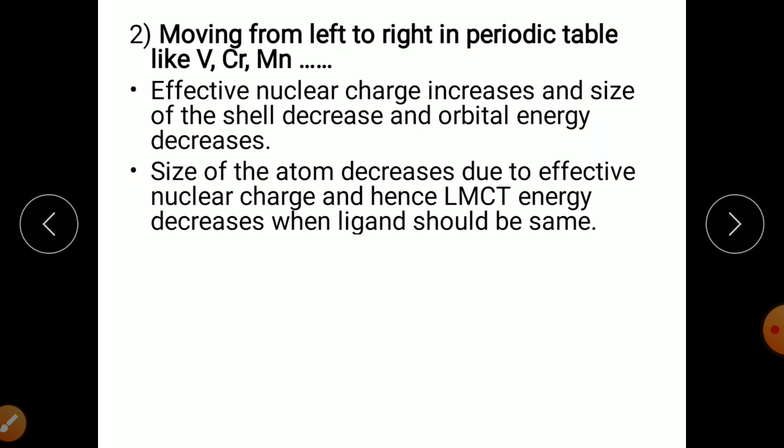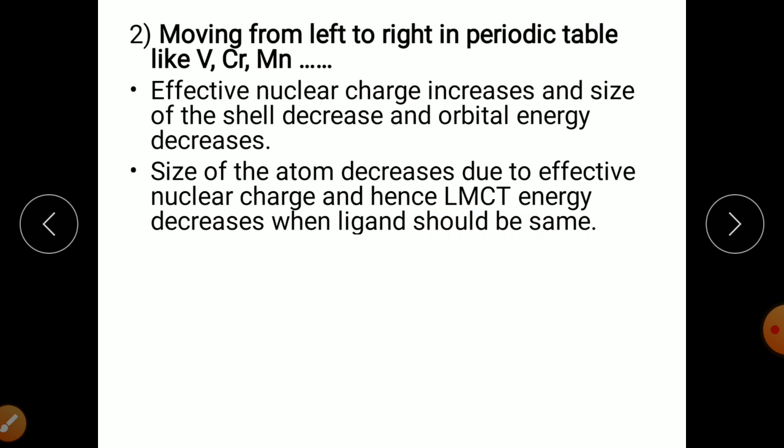You can observe that the effective nuclear charge increases and the size of the atom decreases. As the size of the transition metal atom decreases, the LMCT energy decreases. This can be explained with the same ligand.